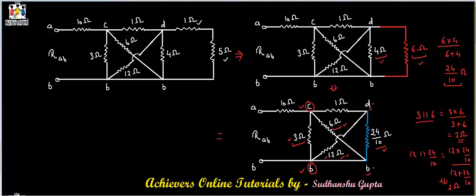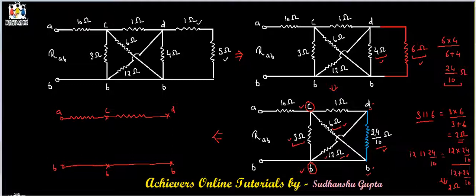So let us redraw the circuit. We have a 10 ohm resistance and a 1 ohm resistance. This is point C, this is point D, this is point A, this is point B, again this is point B, and this is point B.